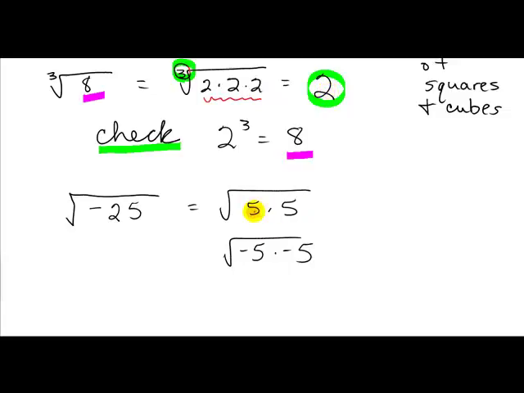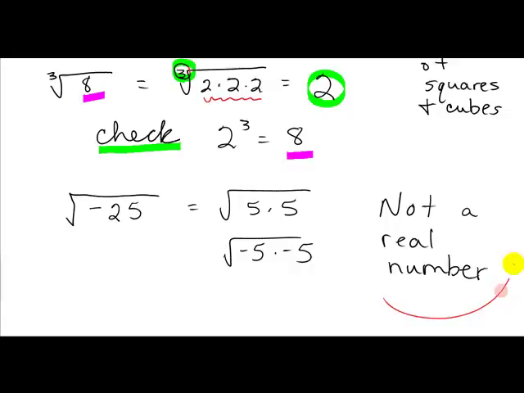They have to be the same, but this gives me a positive 25 and this gives me a positive 25. And so at this point, we cannot simplify this. And so our answer here is not a real number.